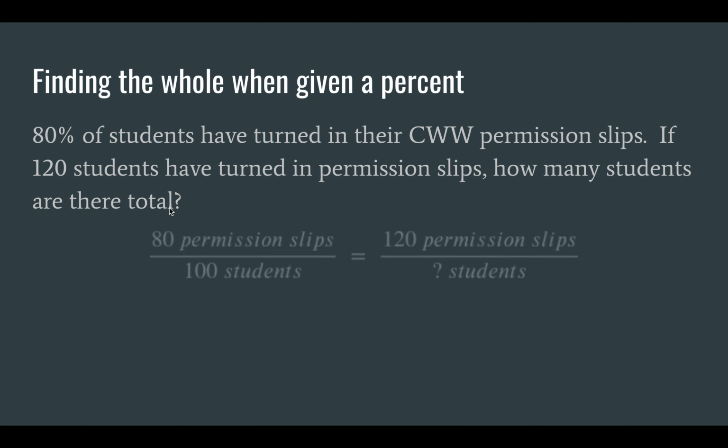So my ratio looks a little bit different than it did before. My percent is still the same. I have 80 for each 100. Then over here, the 120 permission slips is my part. So that goes in the numerator. And then I'm trying to find the whole number of students.